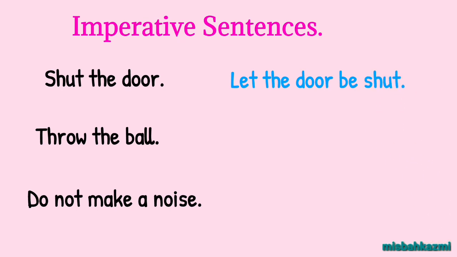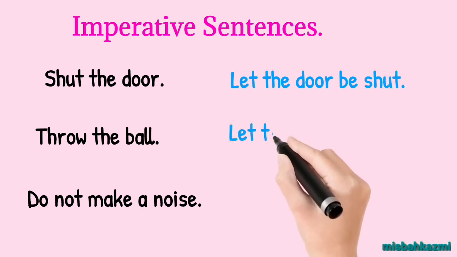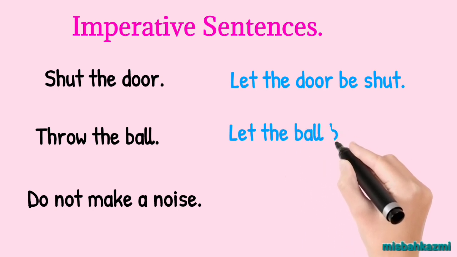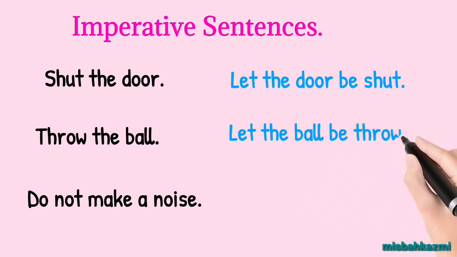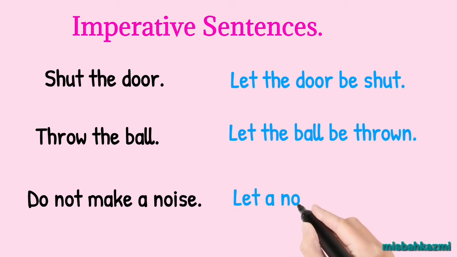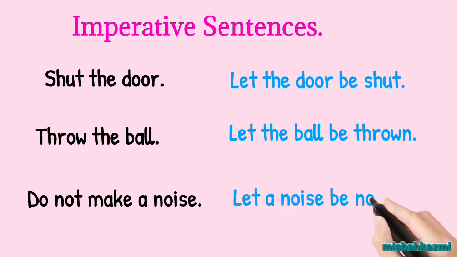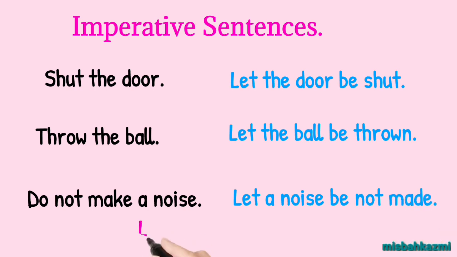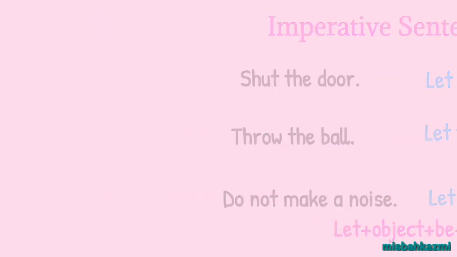Here the actor, the performer or the subject is absent. So let the ball be thrown. And similarly, let a noise not be made. Okay, this is the passive form. So you can say let plus object and then be, and after that you will add the verb in third form, where the subject, the performer, is missing.